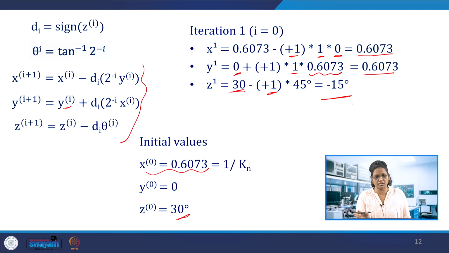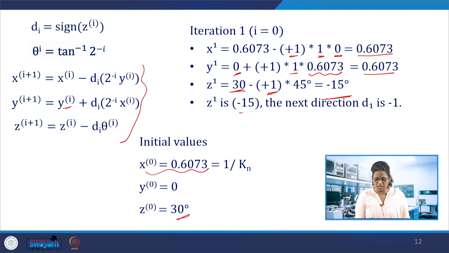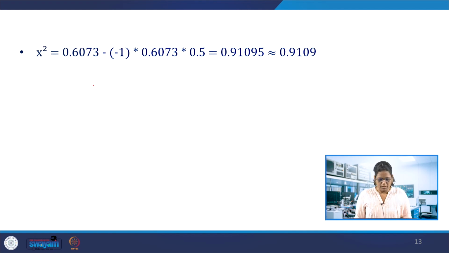Now minus 15 is rotated, so if you take z as minus 15, what we had obtained, the next direction di will be minus 1. Similarly, x2, if we calculate it from x1 in the iteration, minus 1 and the value of 2 power minus 1, that is 0.5, leads to 0.9109.